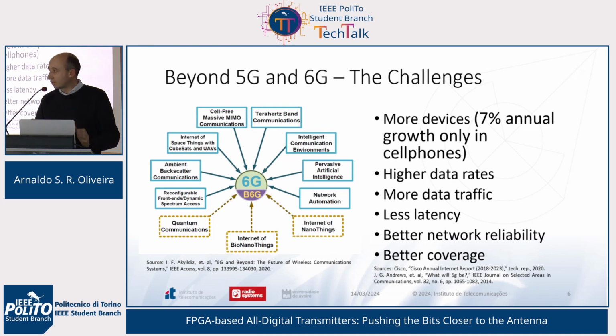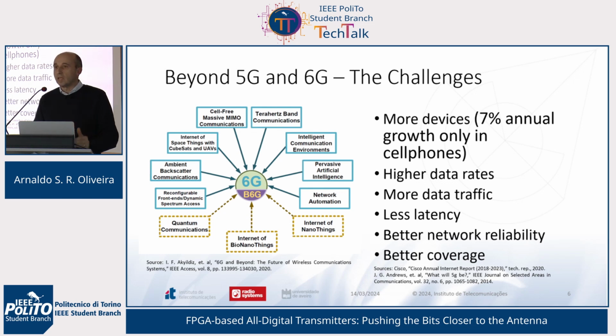To address these challenges, there are several technologies being developed in the scope of 5G and beyond, and it is expected that beyond 5G we will move to higher spectral bands. We will explore MIMO more aggressively. We have more diverse, more challenging communication environments.